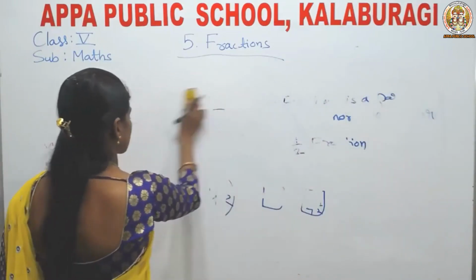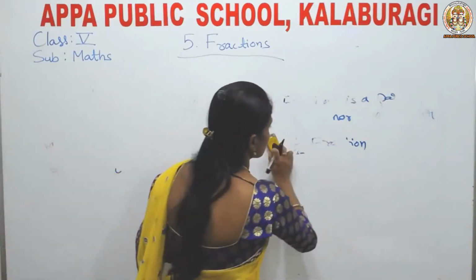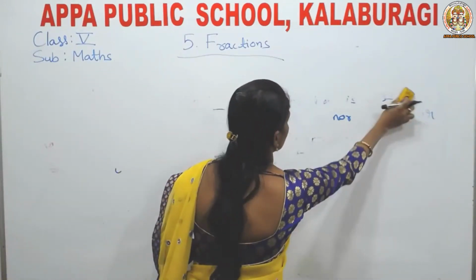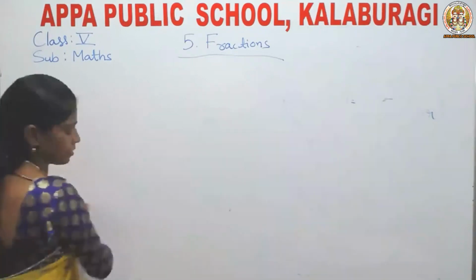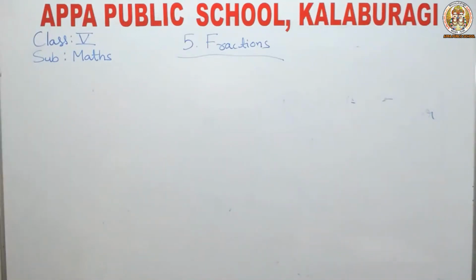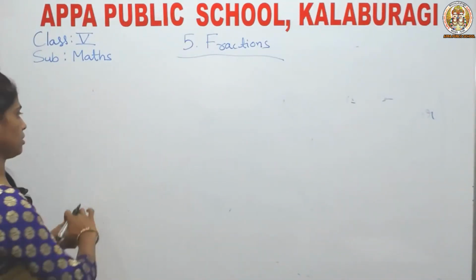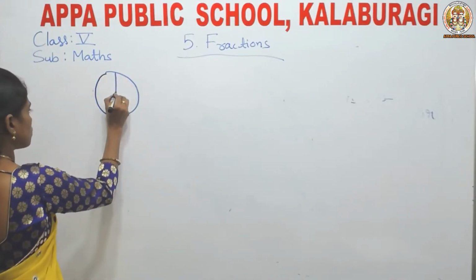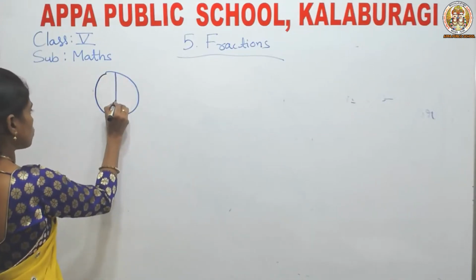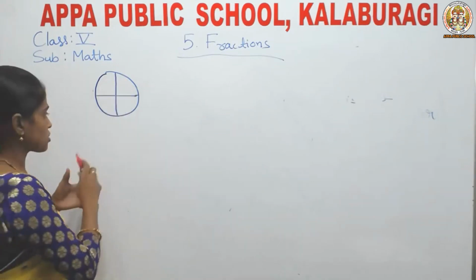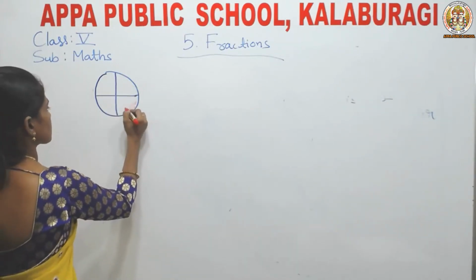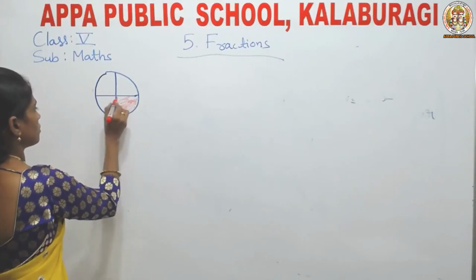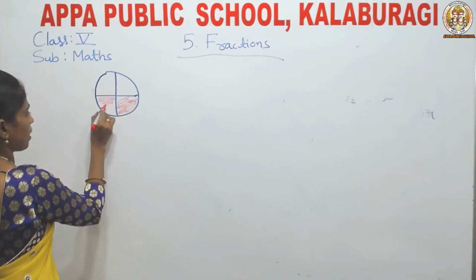When a whole is divided into 4 equal parts, what will be the fraction, children? As already we have learned in 4th standard, when a whole is divided into 4 equal parts, we can share 3 parts.